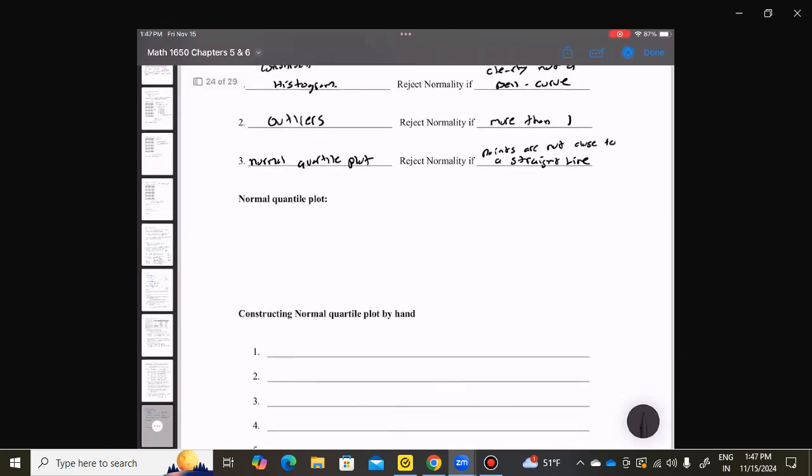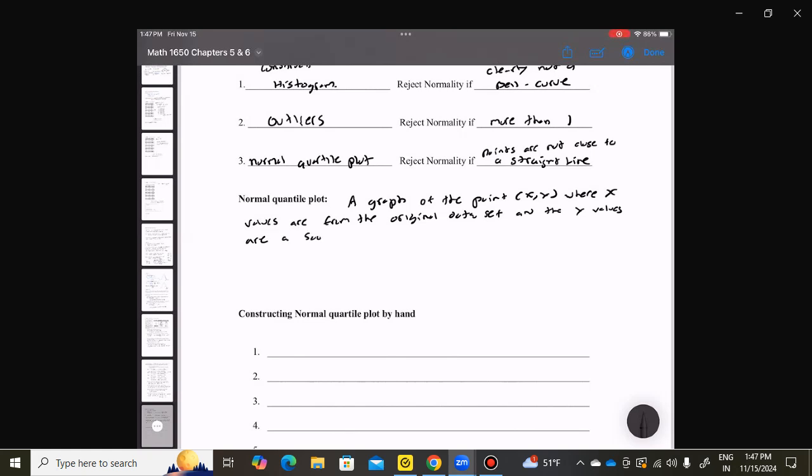Now, a normal quartile plot is a graph, like a scatter plot, of the points x, y, where the x values are from the original data, and the y values are a z-score corresponding to a quartile value of the standard normal distribution.